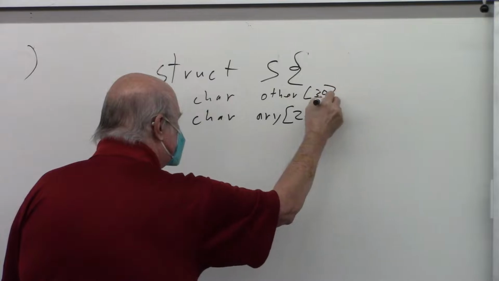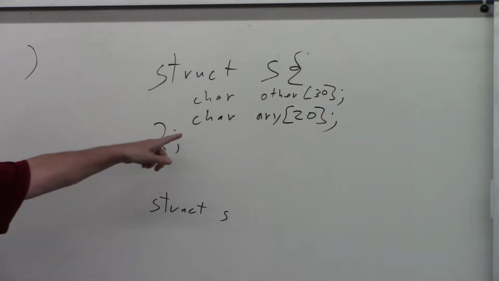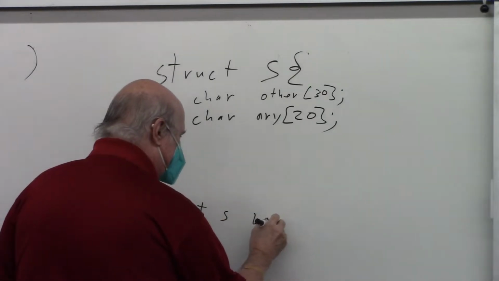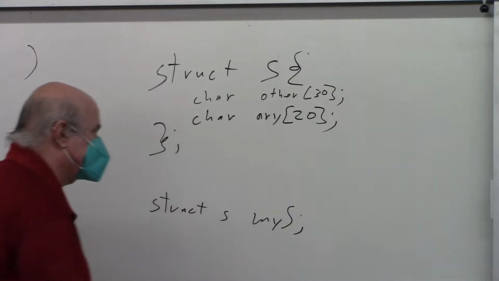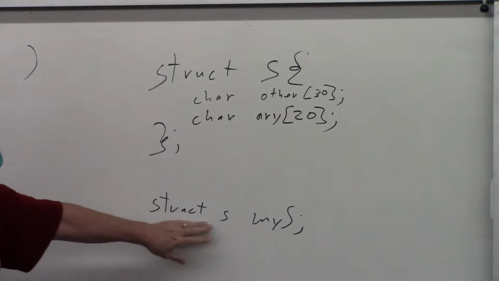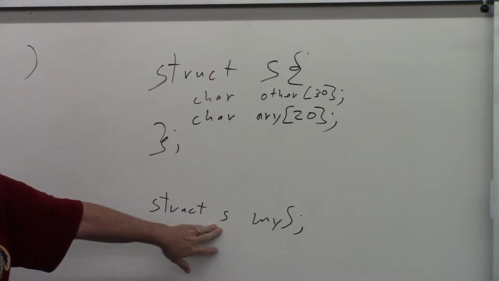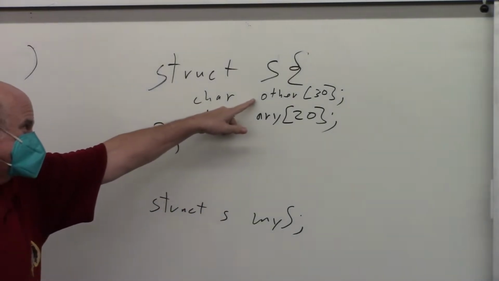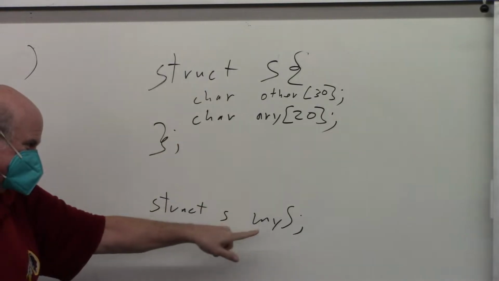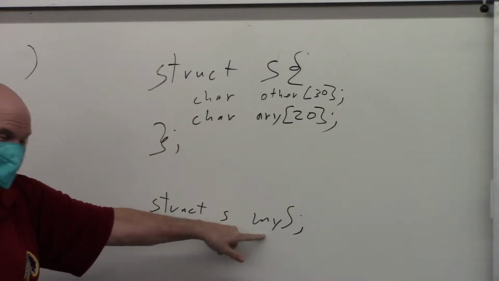There's no magic here. These are just subfields of this structure. Declare a struct S. Call it myS. You allocate. This isn't declaring anything. This is declaring a type. This is actually declaring memory. The only way to access other or ARY is by first using the name myS.